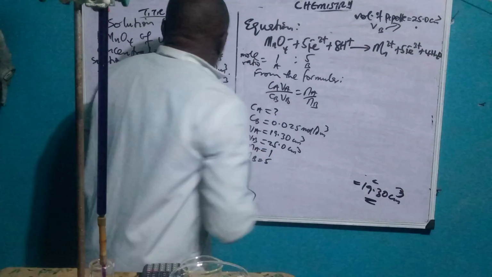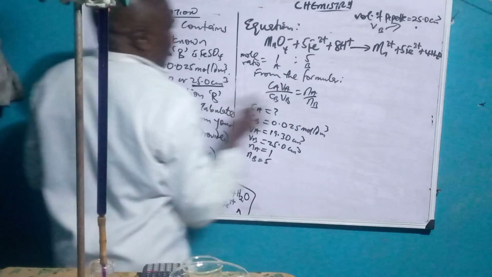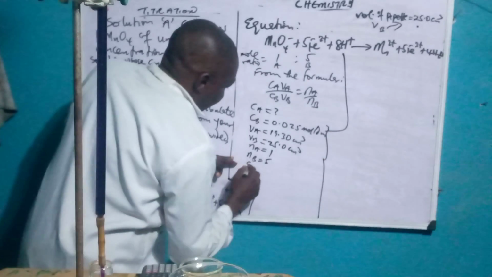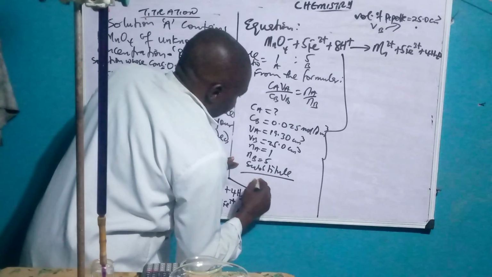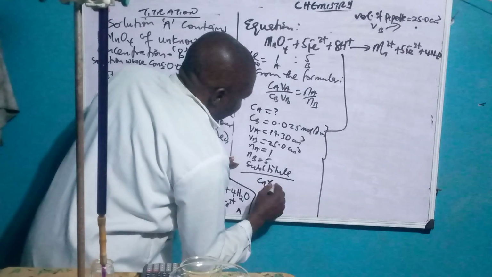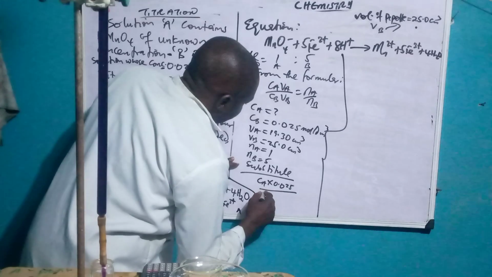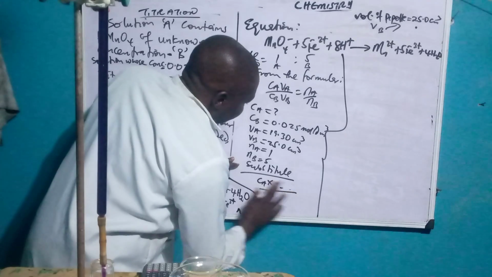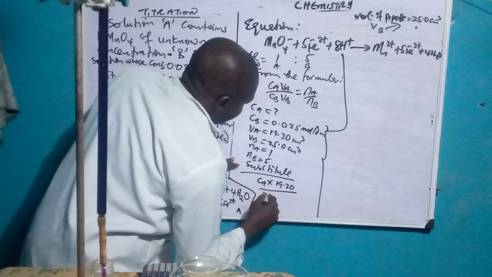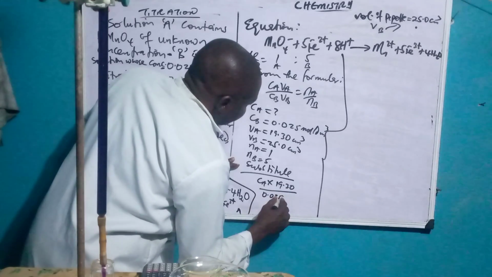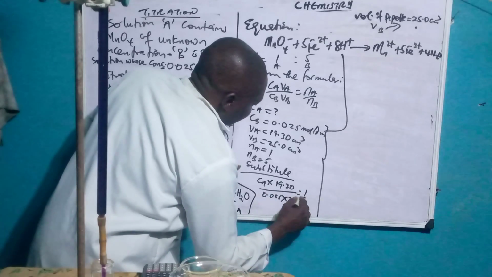We are already taking this, so we can delete it. So we can say substitute. Ca times 0.025 over Ca times 19.30, 0.025 times 25 equals 1 over 5.